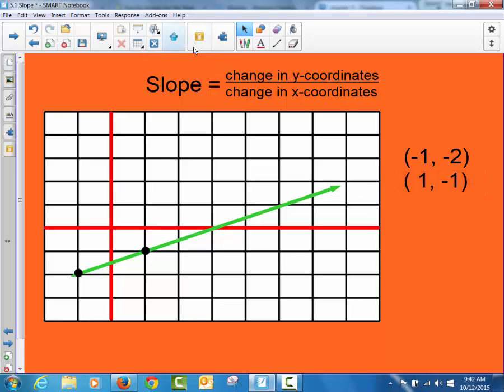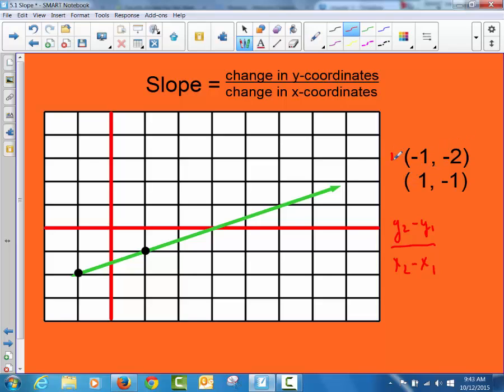Now the way that you get the slope is you take the second y minus the first y over the second x minus the first x. Okay? And it doesn't matter which one you designate as number 2 and number 1, as long as you're consistent about it.